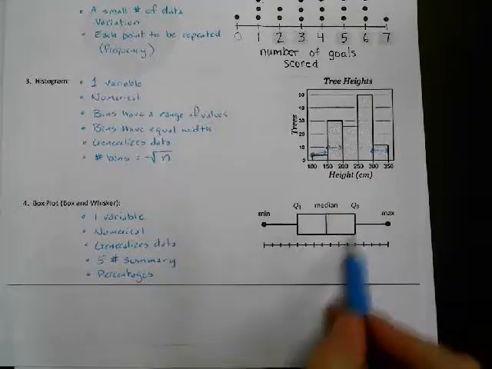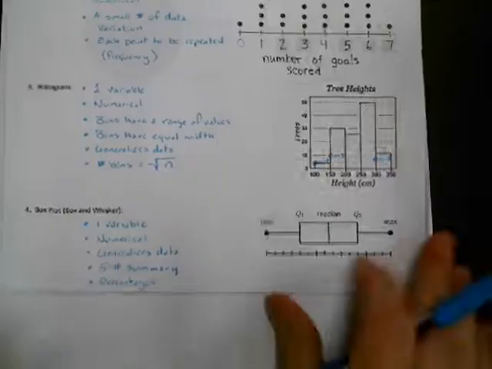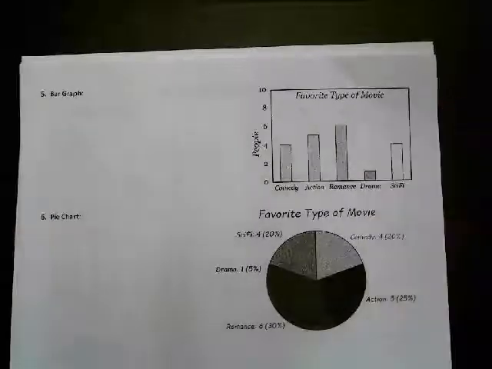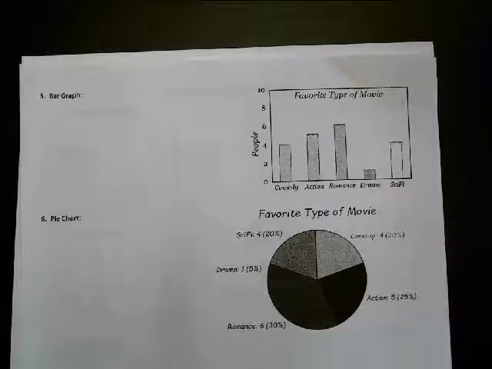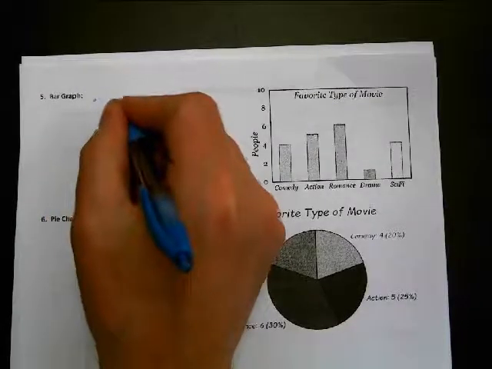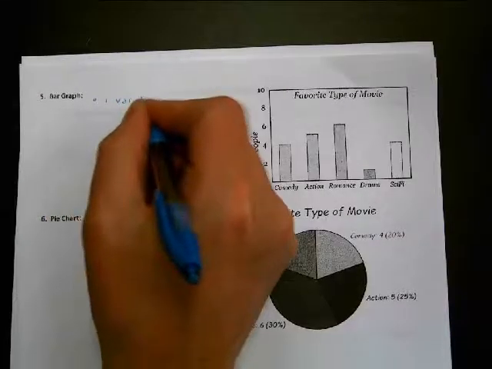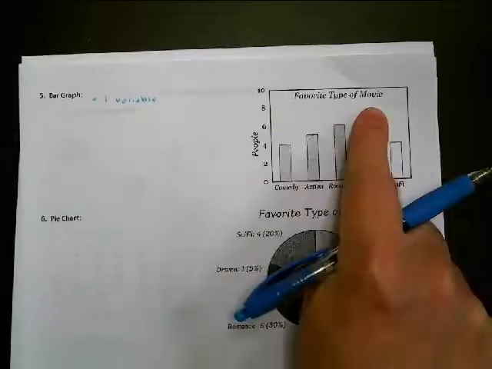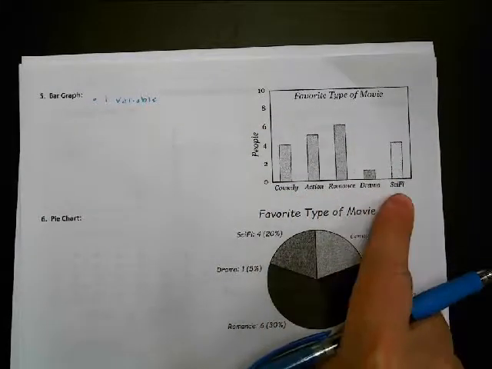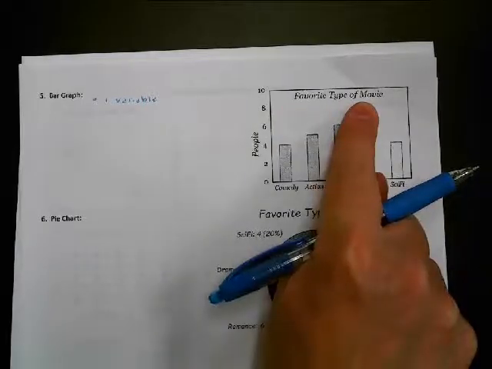All right, 2 more. Now we've got a bar graph, and you're saying, oh, isn't that just a histogram? No, not really. It's similar to a histogram, but different. It does have one variable. In this case, our variable is our favorite type of movie. And so we could have comedy, action, romance, drama, sci-fi. So that's our variable, the favorite type of movie. And then this is the frequency, how often it's happening.